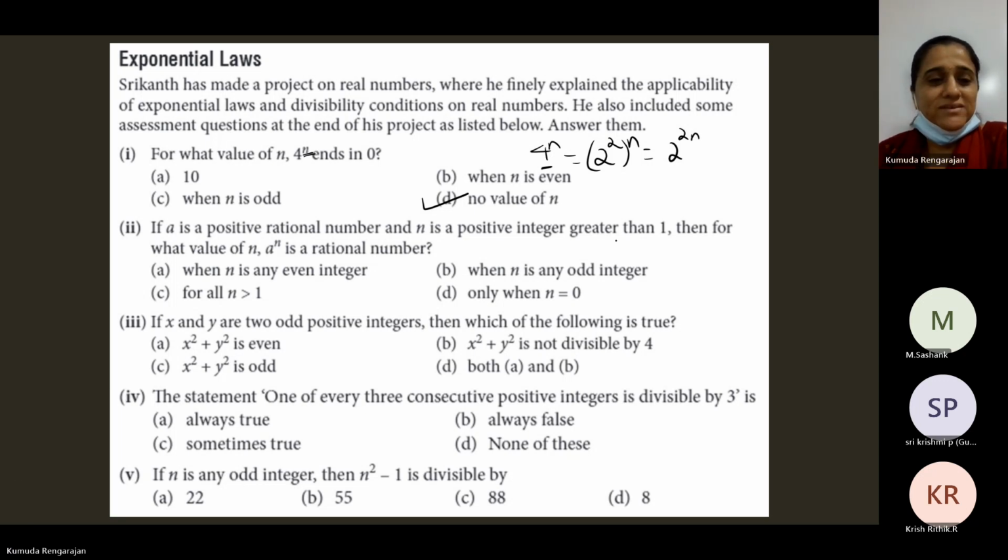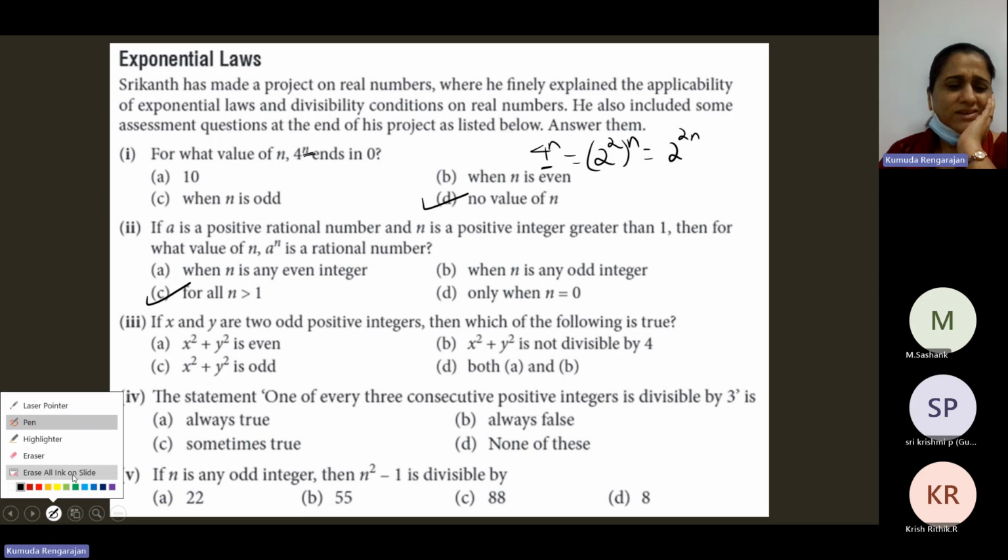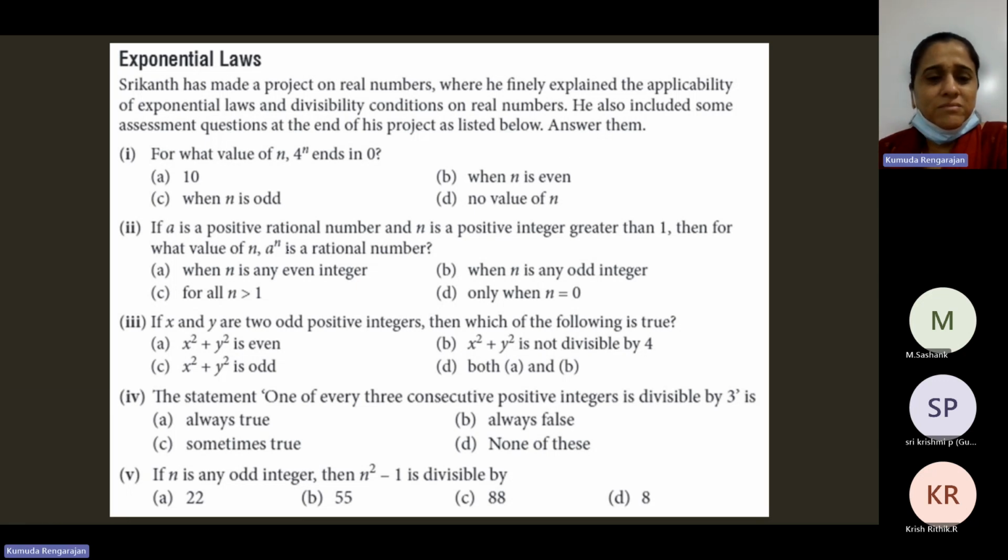Okay, so a positive rational number and positive integer. For all n greater than 1, whenever n is greater than 1, there's nothing much to think.